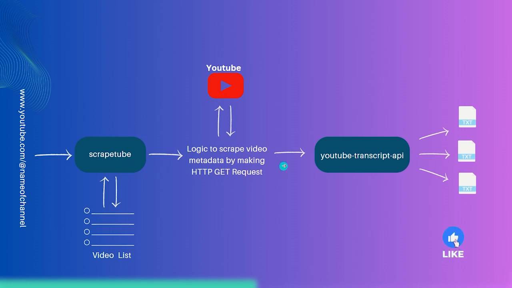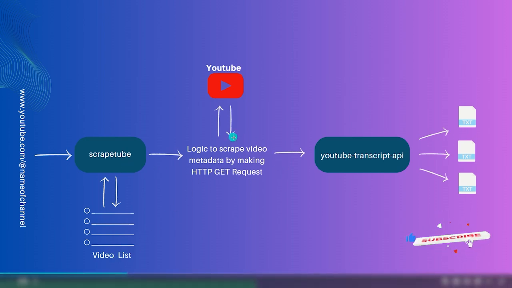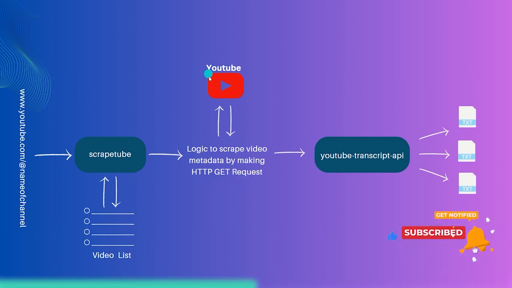Then I have kept a loop which goes over every video ID and does an HTTP GET request to YouTube, and it fetches the metadata: the title of the video, the description of the video, and the external URLs which have been mentioned. So all this information will get fetched, okay?